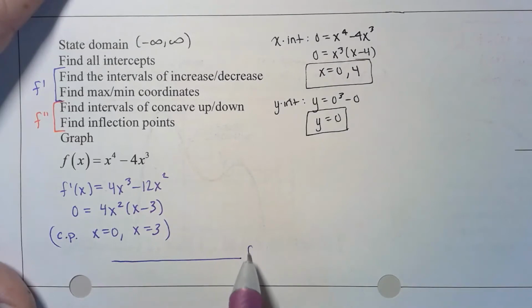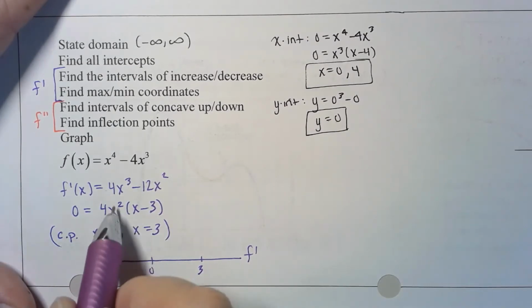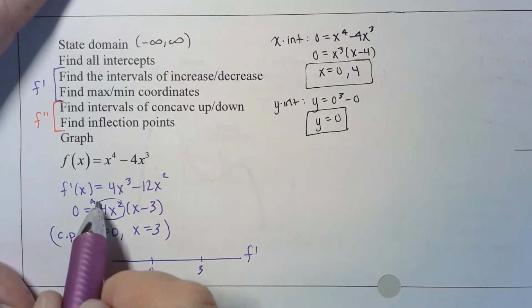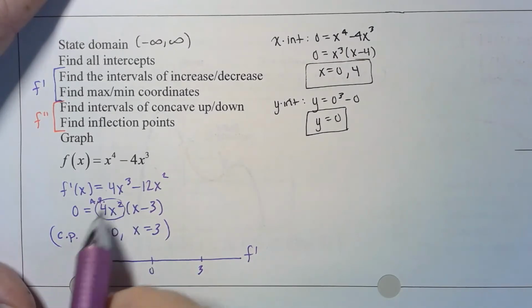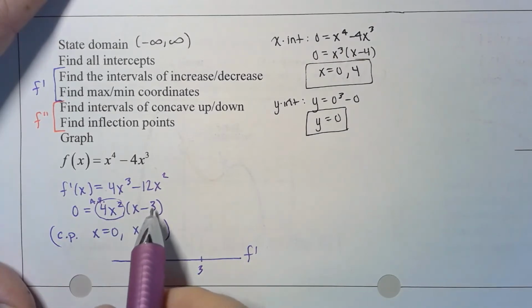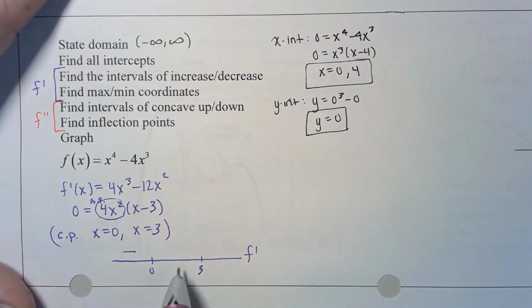Let's go ahead and get our sign chart here. This is my first derivative. Something interesting is happening at 0 and 3. Let's plug numbers into the first derivative on either side. I plug in a negative, by the way, and this is always positive, isn't it? So let's not worry about that. If I plug in a negative 3, I get a negative. If I plug in a 1, I get a negative.